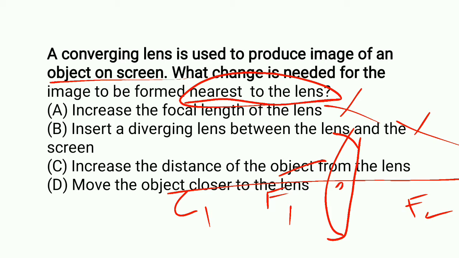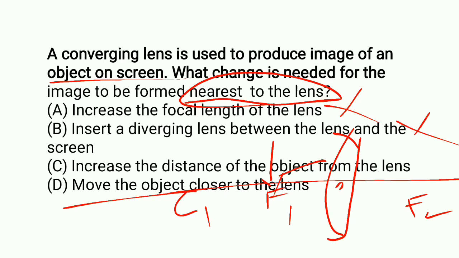So next we have, increase the distance of the object from the lens. Yes. If you increase the distance of the object from the lens, you can get the image nearer to the lens, because if we keep the object at infinity, the image is formed at focus, right?